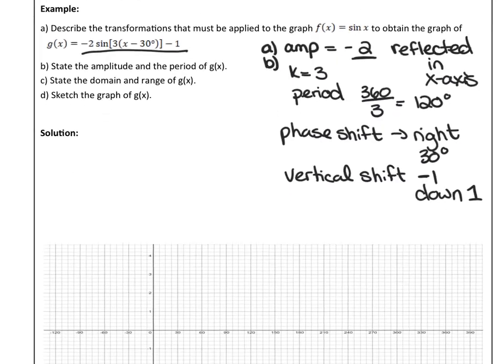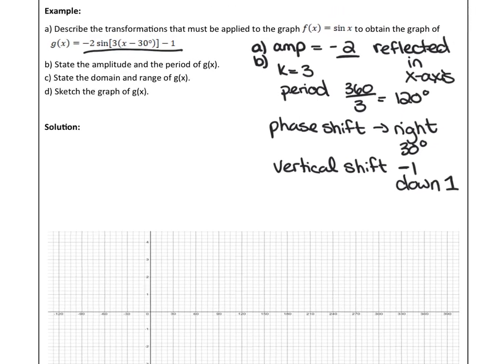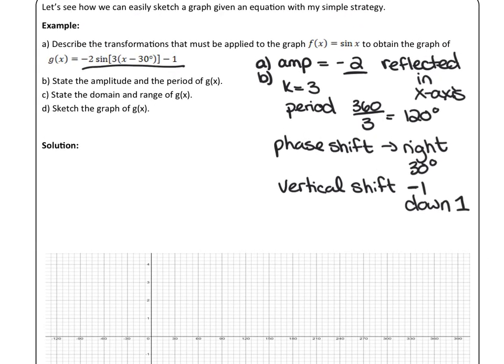Now, when I go to graph this, our domain, if you want to do that first, the domain is x is in the set of real numbers, because it always is with sine and cosine functions. But our range, our middle of the range is at -1, but our amplitude is 2, so we're going to go up 2 from there and down 2 from there.